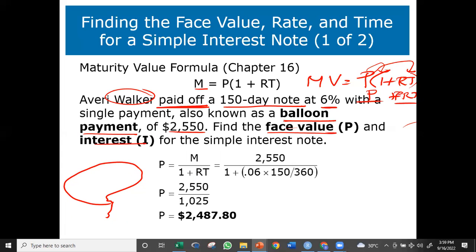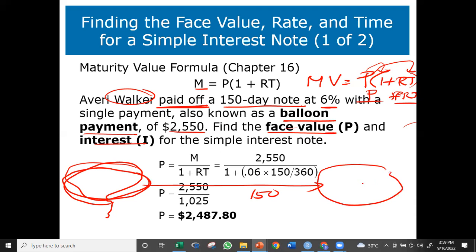So how does this problem go? Walker borrowed, then after 150 days, when the loan matured, he paid. How much did he pay? 2550. This 2550 is your maturity value, so it contains both the face value plus the interest.